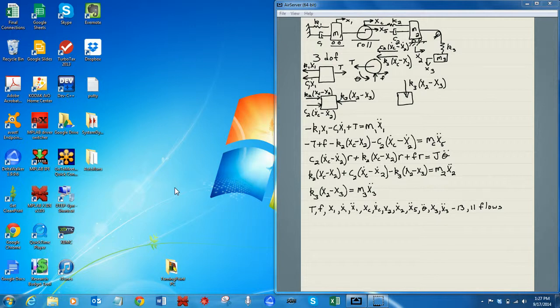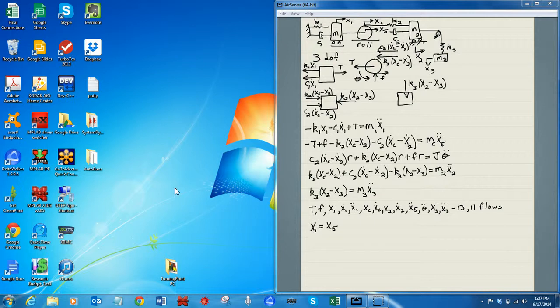So what I do first is I look at mass 1 and the cylinder, and what I recognize is that there is a rod that connects the two. So the motion of x5 has to equal the motion of x1. So I'll just write that down: x1 would have to equal x5.